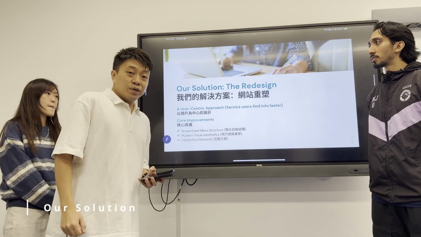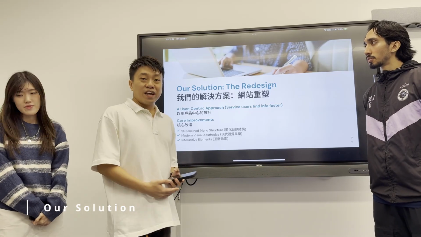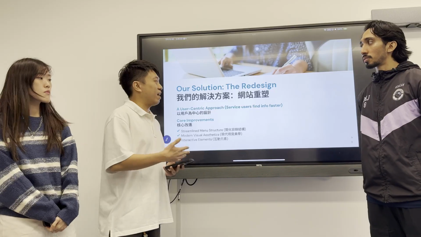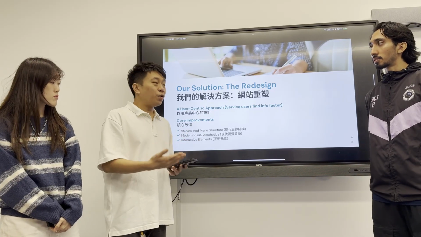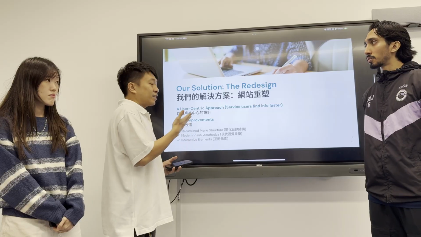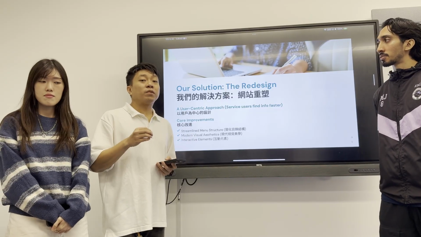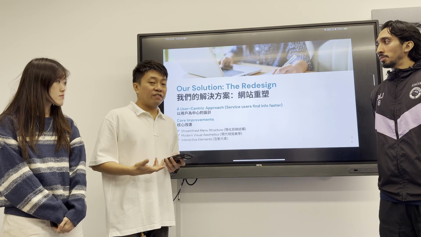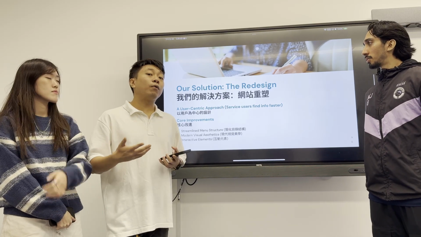Okay, we redesigned the web page. There were so many problems over there, but we have redesigned it, so the problems have been resolved. For example, we stand from the service user's point of view. The service user wants to find information about the Town Hall.